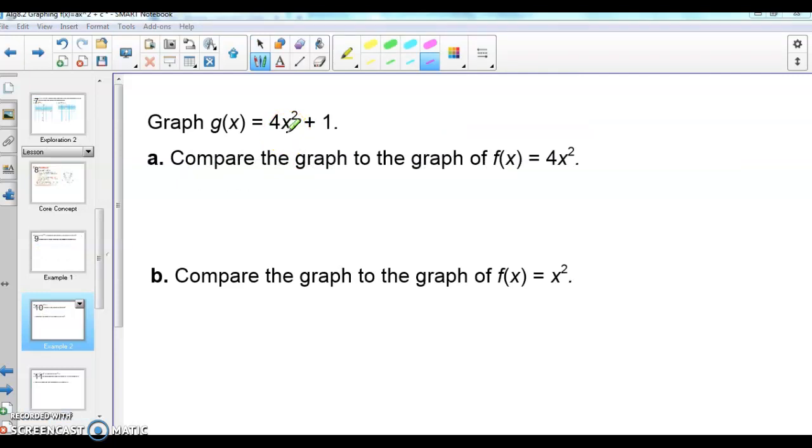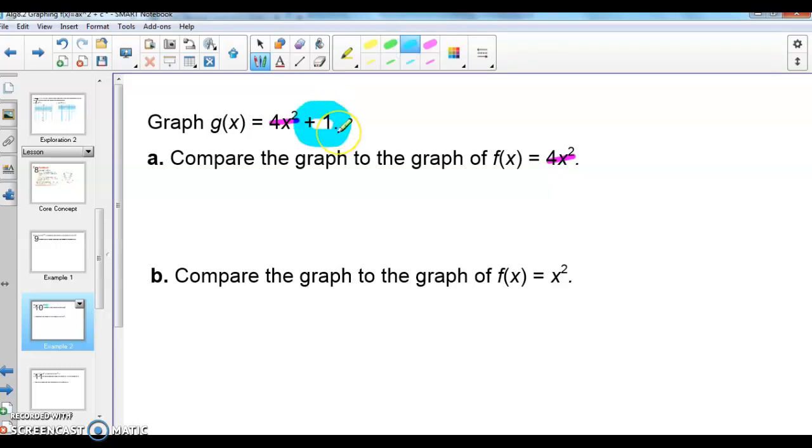In the next example, we will compare the graph of g of x is equal to 4x squared plus 1 to the graph of f of x is equal to 4x squared. So take note that you are not comparing g of x to the parent function. Instead, you are comparing g of x to the graph of 4x squared. In other words, all we need to do is analyze the effect of positive 1.